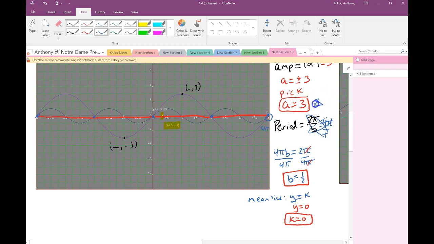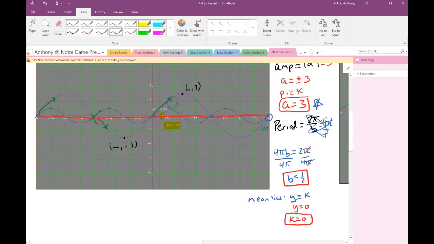Because I've picked a positive value of a, I want to pick a point on the mean line that is the start of a crest. So, for example, here I'm starting a crest, but here I'm starting a trough, so I would not want to choose this one.